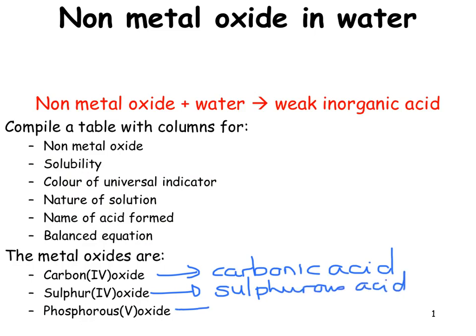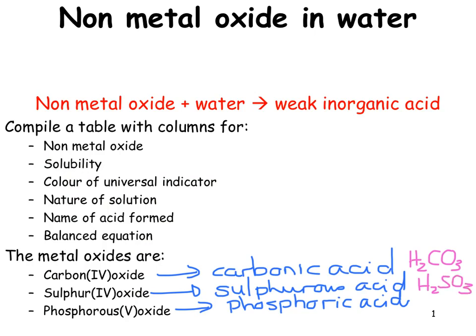And phosphorus pentoxide forms phosphoric acid. The formulas for those are H2CO3, H2SO3, and H3PO4.